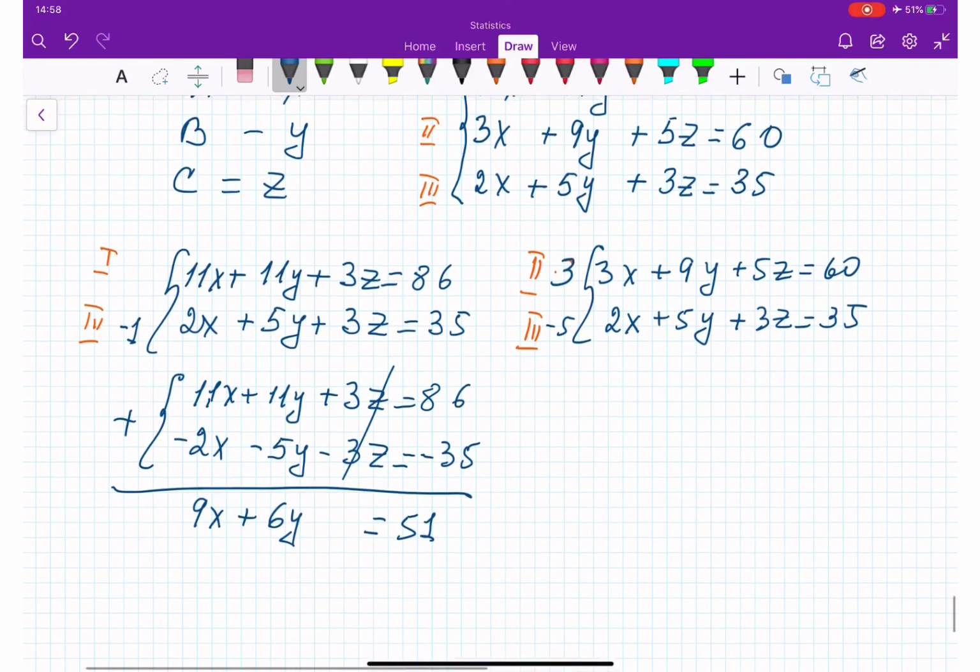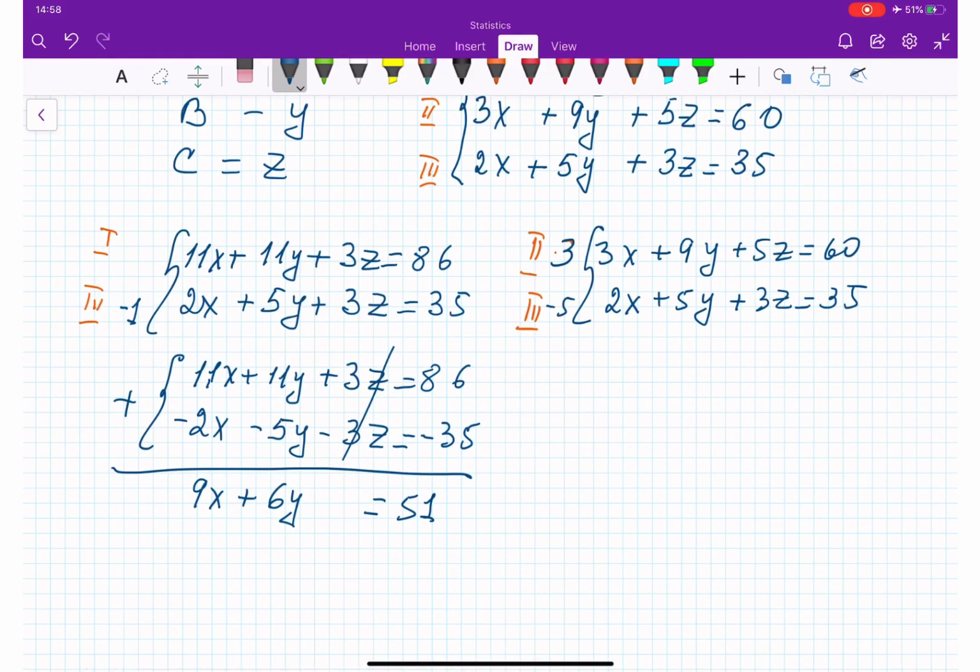So what do we get here? I'm getting 9x plus 27y plus 15z is equal 180.